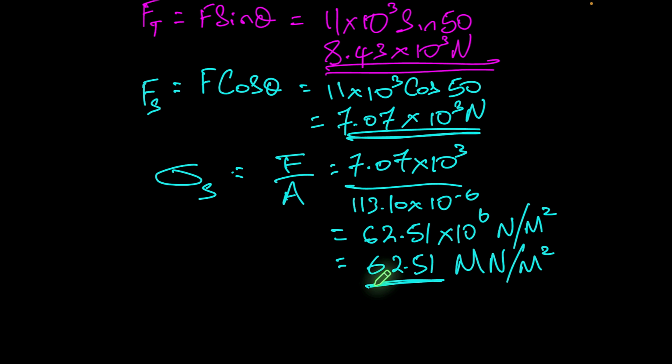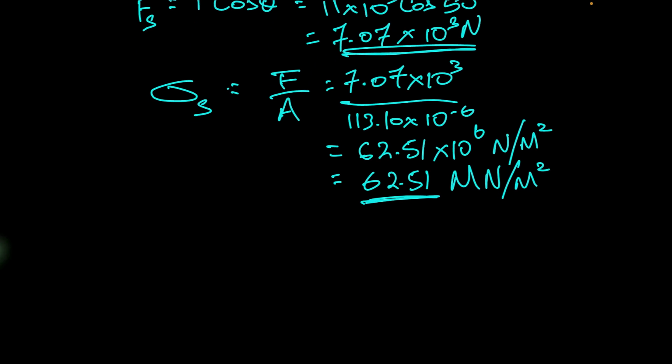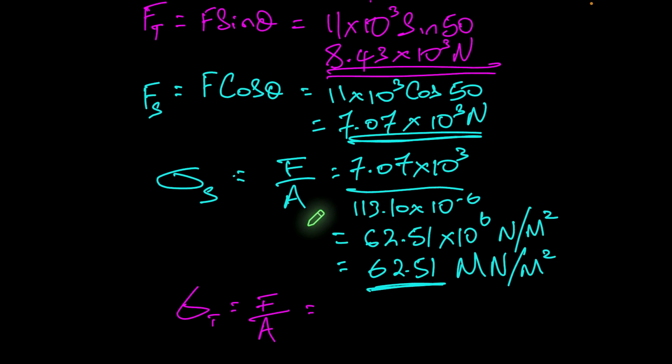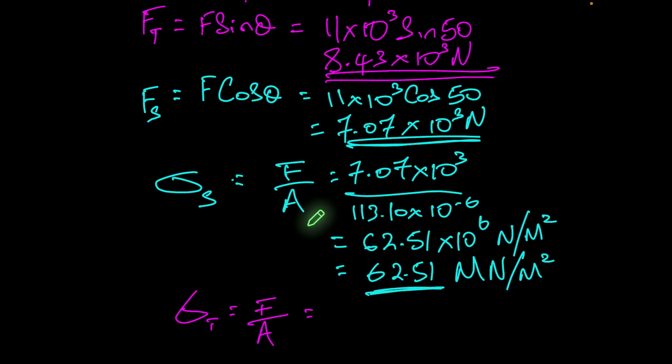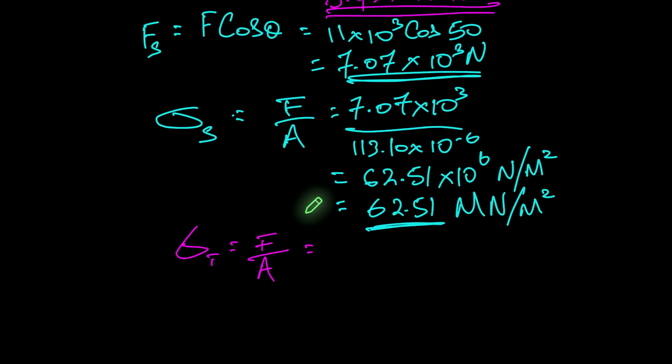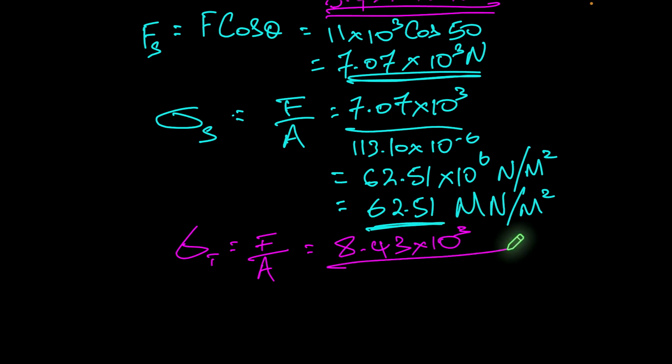Now for the tensile stress, let's do that now. So that's our stress symbol, a little t for tensile, and it's still just force divided by area. And our tensile force, if we can just recall what that was, it's 8.43 times 10 to the power of 3. So let's do that now. 8.43 times 10 to the power of 3, and all divided by the same area as before, which was 113.10 times 10 to the negative 6.